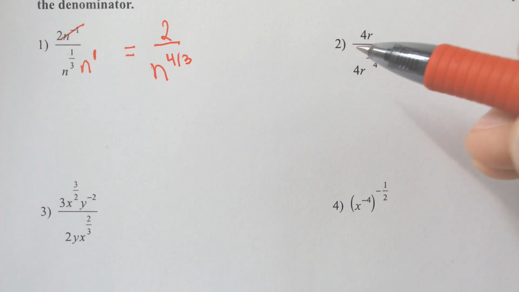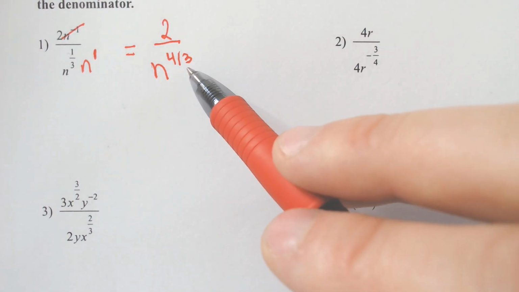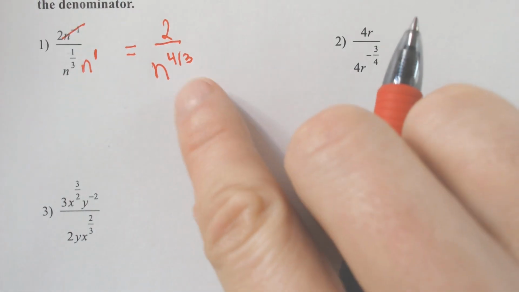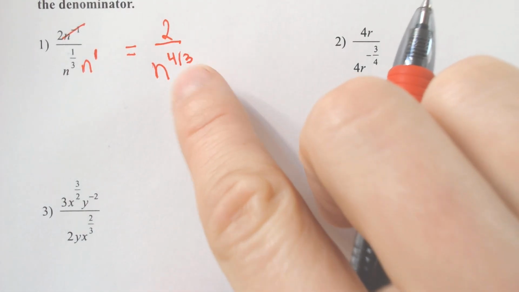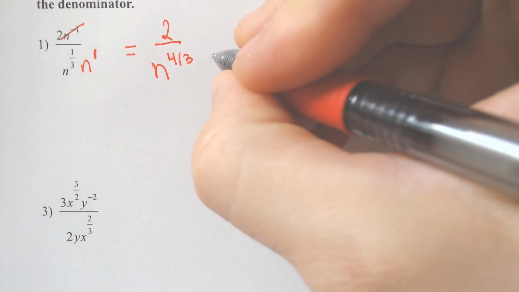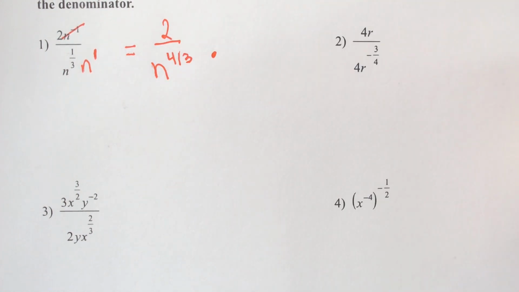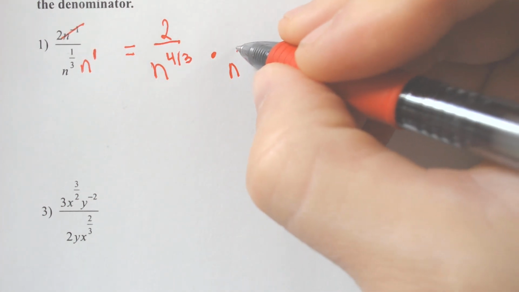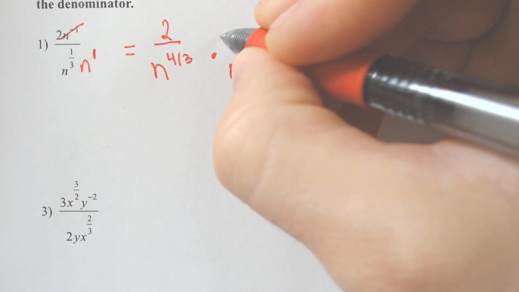And then you have to think, how many more n's do I need on the bottom of this fraction to be able to complete it? Because right now, 4/3 is a fractioned exponent, and we can't keep it that way. If we have 4 out of 3, we need to bump it all the way up to 6 out of 3, which would mean we need 2 more.